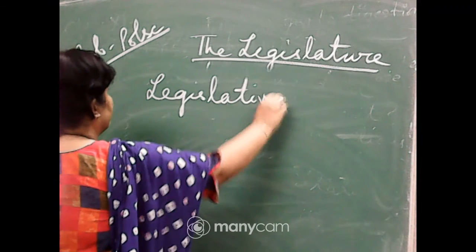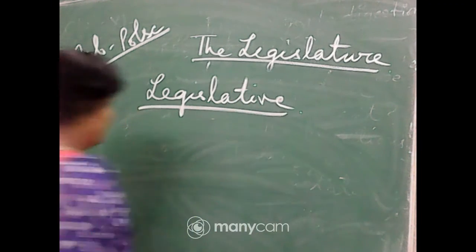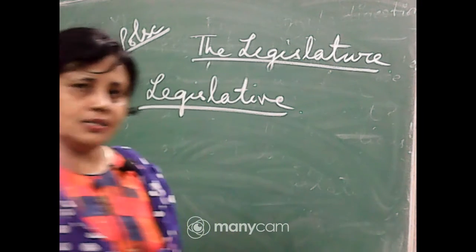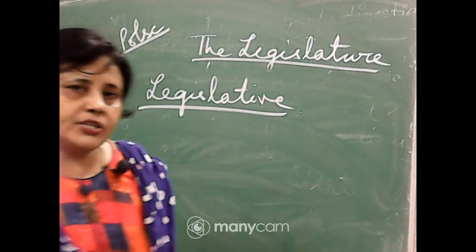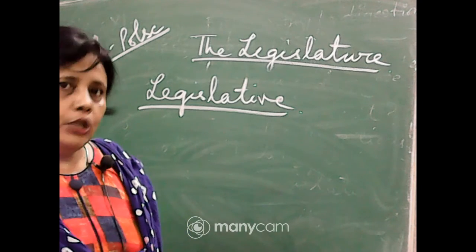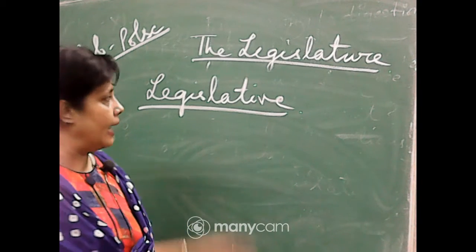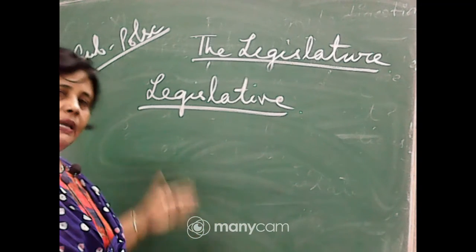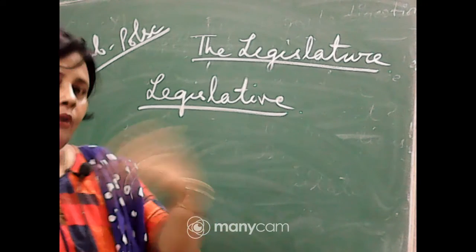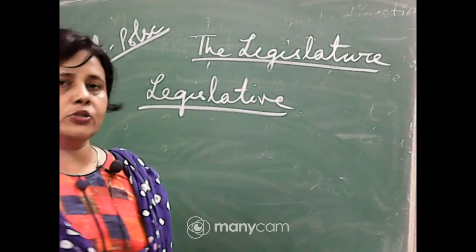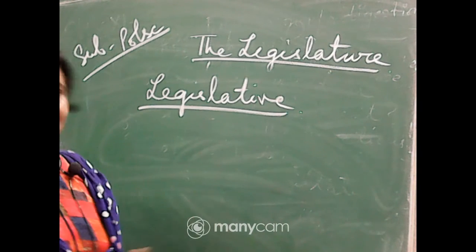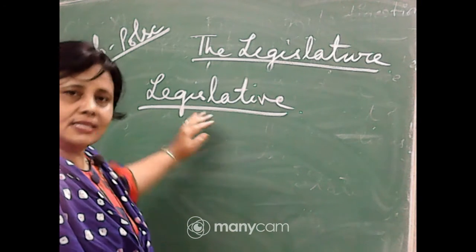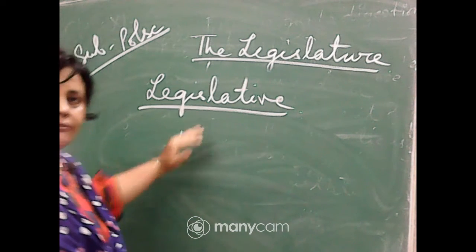To make laws, a bill is introduced, and usually an ordinary bill can be introduced in either of the two houses. After being passed with 2/3 majority from both the houses, it goes to the president, and when the president signs it, it becomes a law. This is the first function, that is the legislative function.